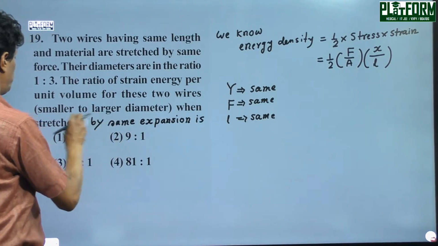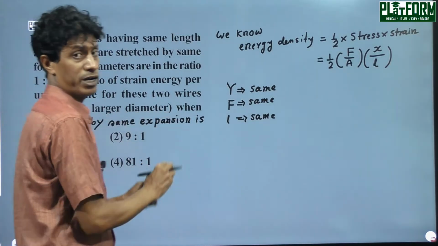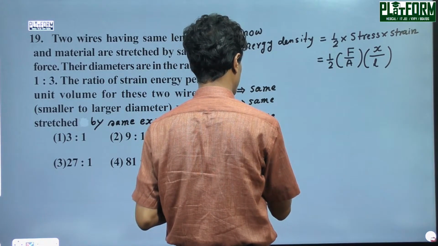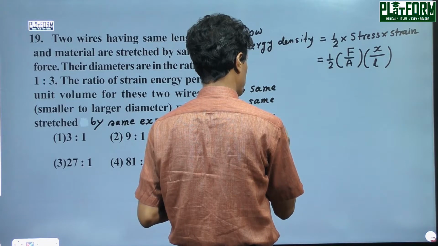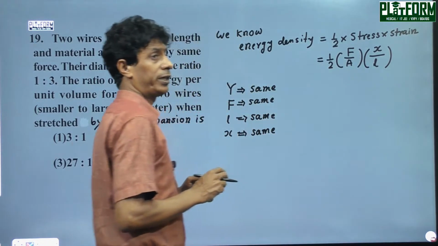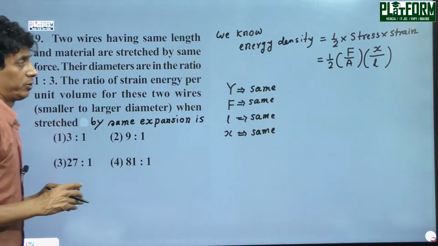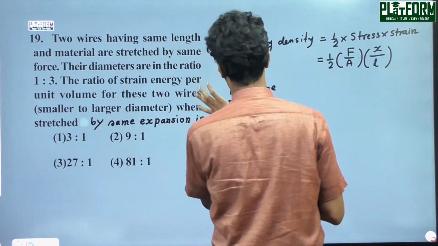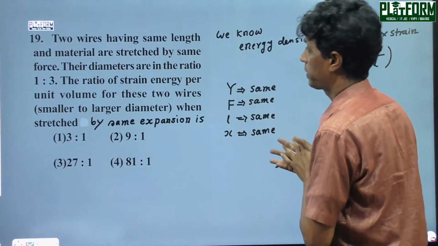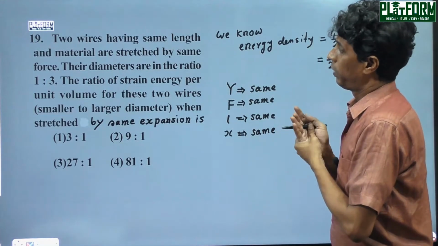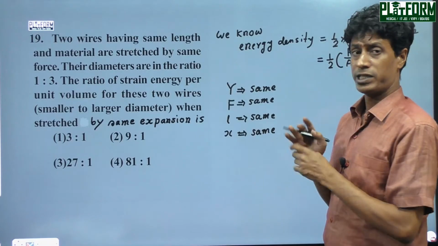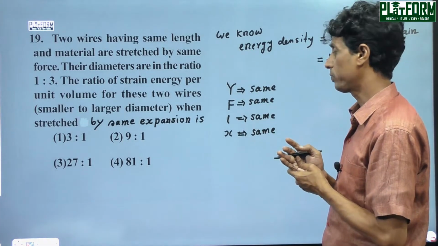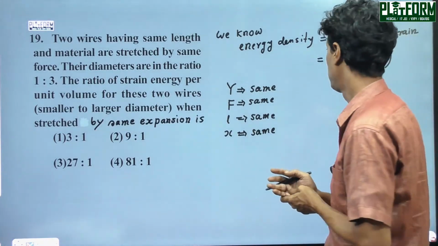And you know, when stretched by the same extension, that is X, it is also the same for both wires. So these are the physical quantities which are the same for these two wires under the same stretching force, and their actual length is also the same, stretched by the same extension.